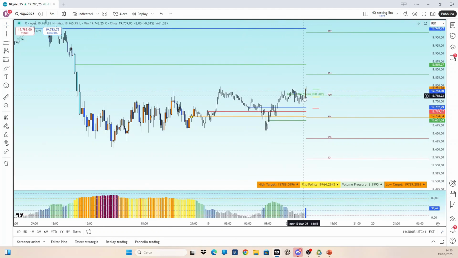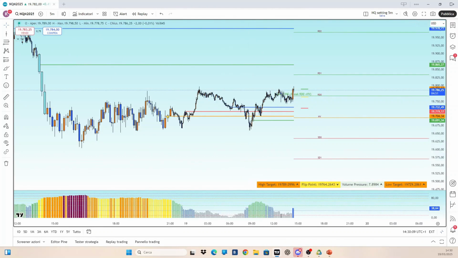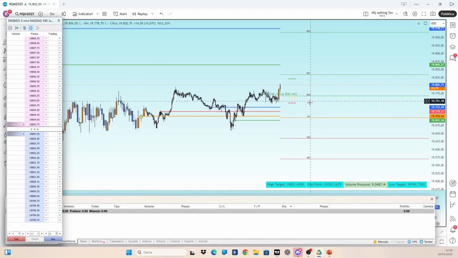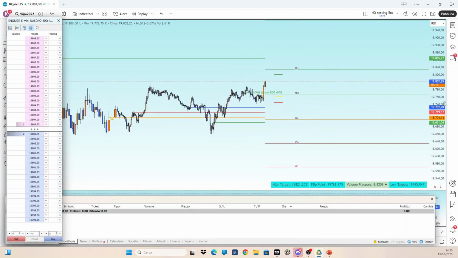The indicator has now changed. It has given the breaker of 0 plus HW. The operation was signaled immediately.